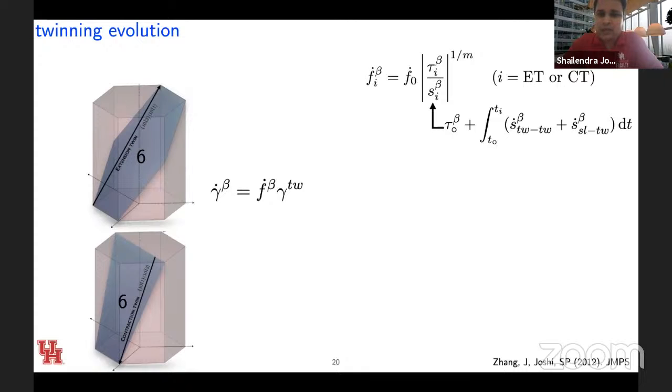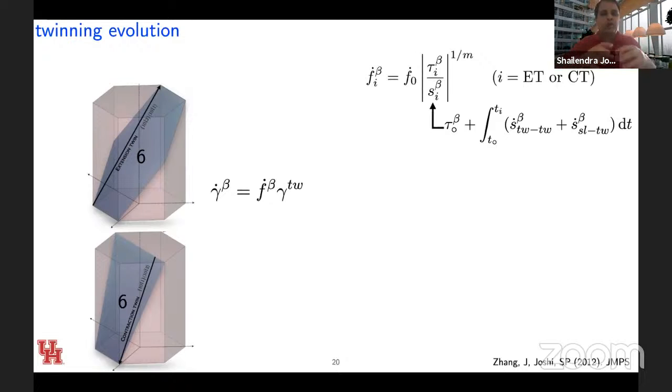phenomenological laws, but in the context of every material point inside your volume of material, it calculates these quantities, and then the region that satisfies a certain critical condition of how much volume of twin has to be generated before we reorient that region to a twinned region is embedded into the code. Typically, based on experiments, a material point inside a continuum is represented as a Gauss point in a finite element context.